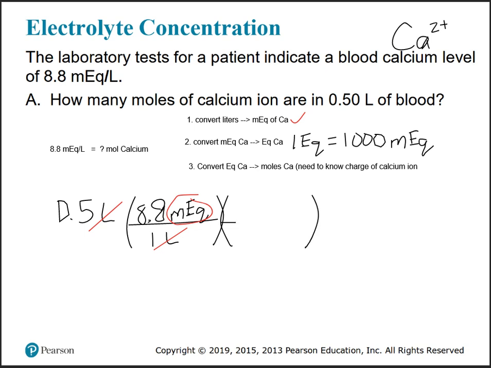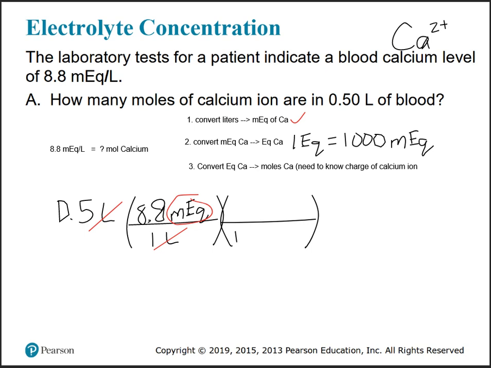If we're trying to get rid of milliequivalents, should I put milliequivalents in the top or the bottom of this conversion factor? You can just write top or bottom. We're trying to cancel out the milliequivalents. Bottom. So milliequivalent should go on the bottom.